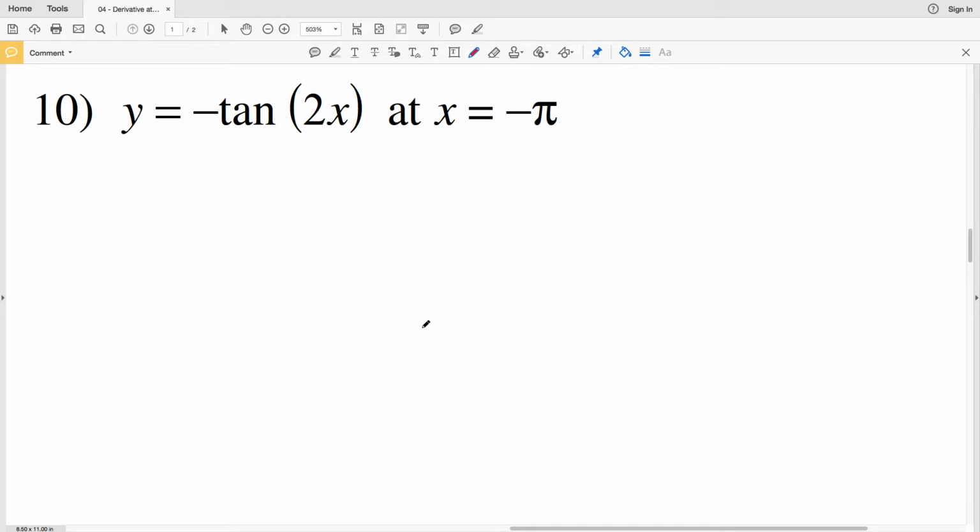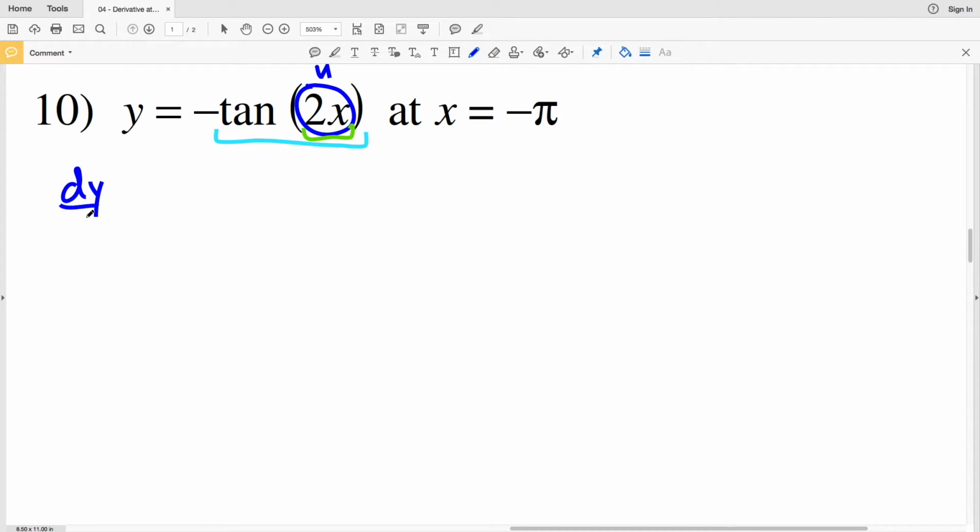And lastly, number 10. We have y equal to negative tangent of 2x. So I'm going to evaluate the derivative of the tangent of u and then multiply that by the derivative of u. And this negative is out in front, and because of the constant multiple rule, that will also be applied within that derivative.